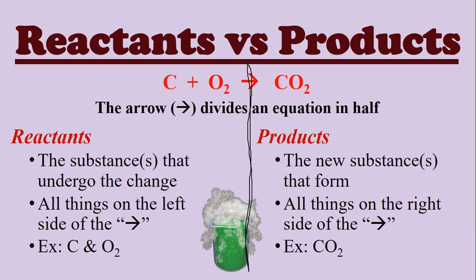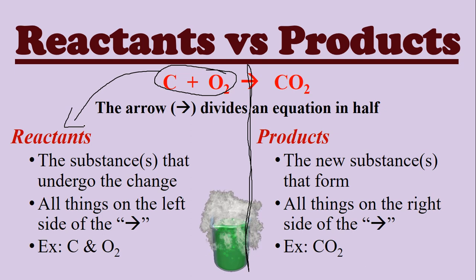On the left side of the arrow, the C and the O2 are known as the reactants. These are the things that will undergo the change. They'll be combined together, or they could be broken apart. Something's going to happen to these substances on the left side of the arrow.